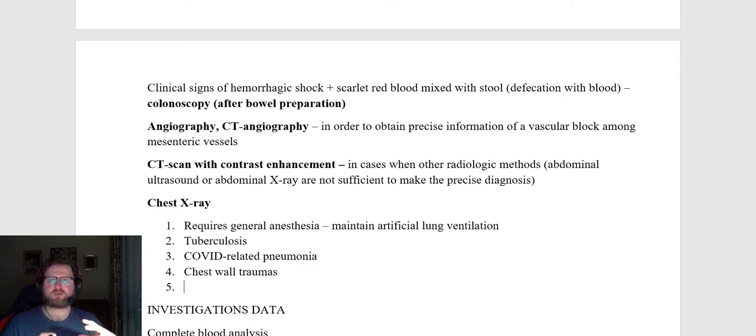This inflammatory process may irritate the parietal peritoneum of the upper abdomen, and it might cause a very specific clinical condition where the patient might have pain in his upper abdomen.